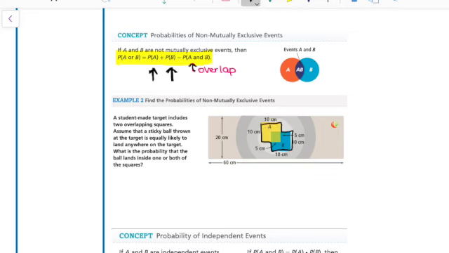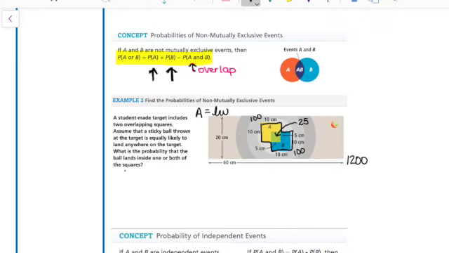We got to remember that area is length times width. So the area of the big rectangle here is 1200, because 20 times 60. Area of the yellow square is 100. Area of the blue square is 100. And area of the green square is 25, because it's 5 times 5. Need to know all those things.